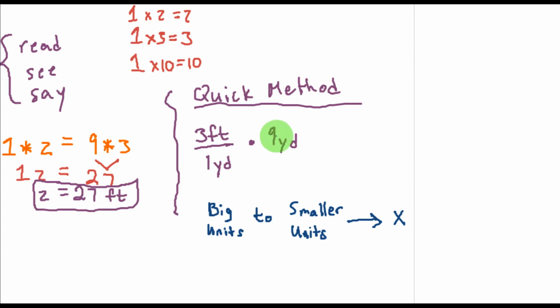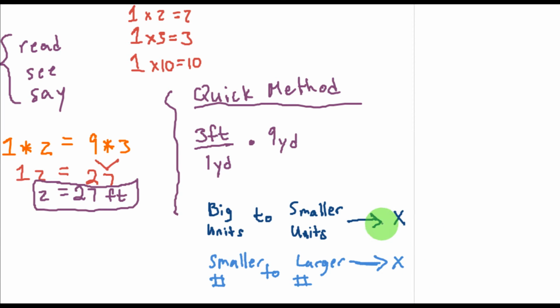So we're moving from a smaller number to a larger number. The only way we can make a smaller number, such as 9, a larger number is to multiply. So we're going to note that we're going to multiply here.